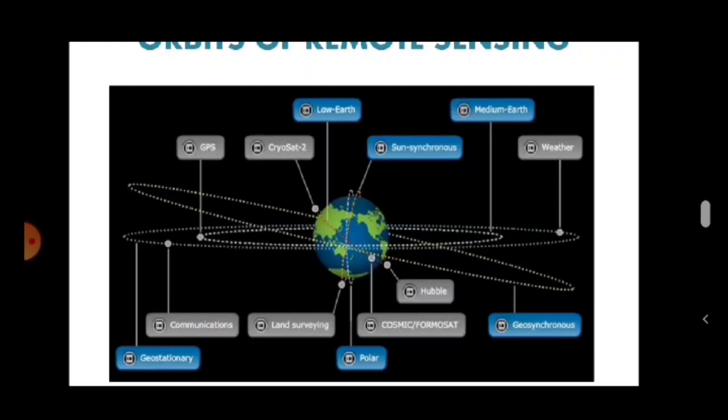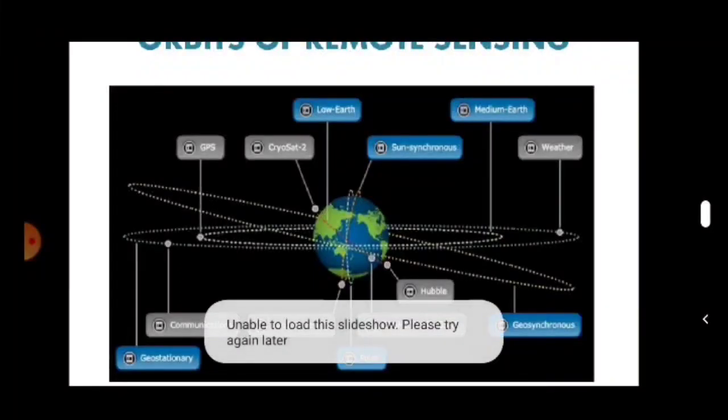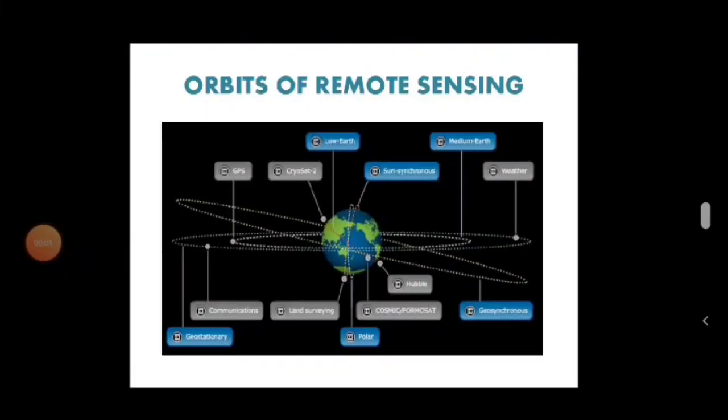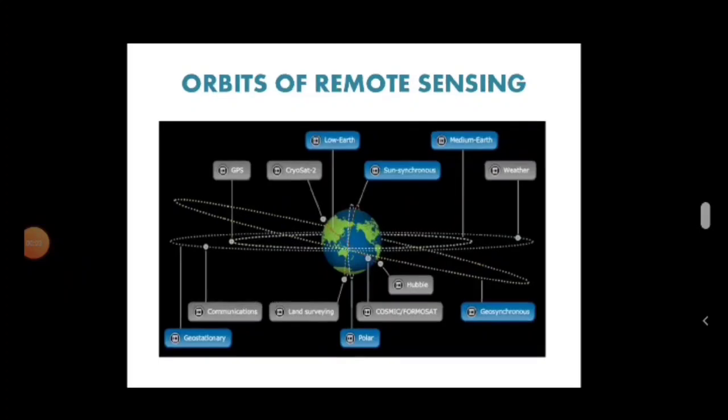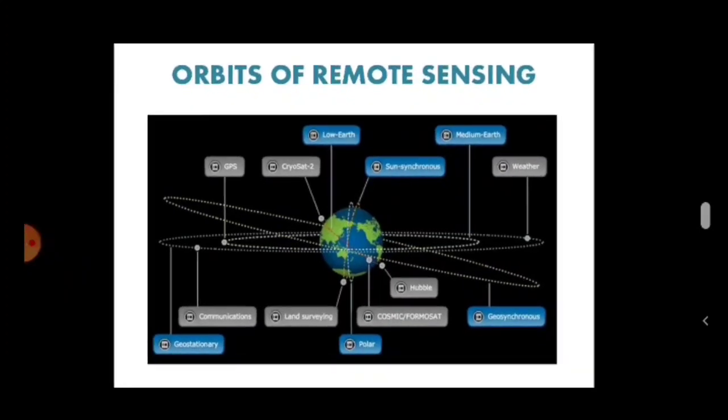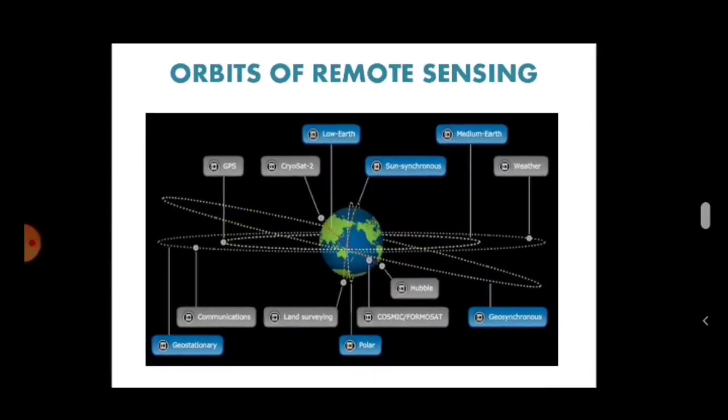Then let's focus on the repeat cycle, which I mentioned earlier. The repeat cycle refers to the time between two successive identical orbits.